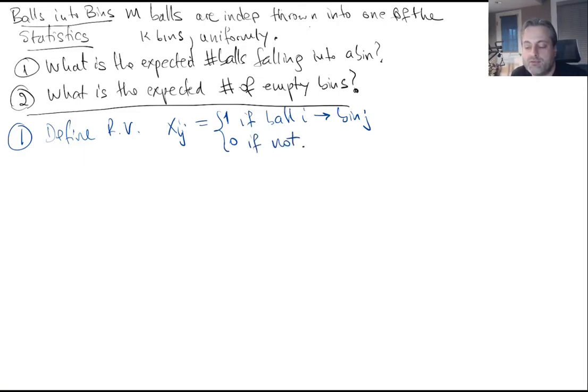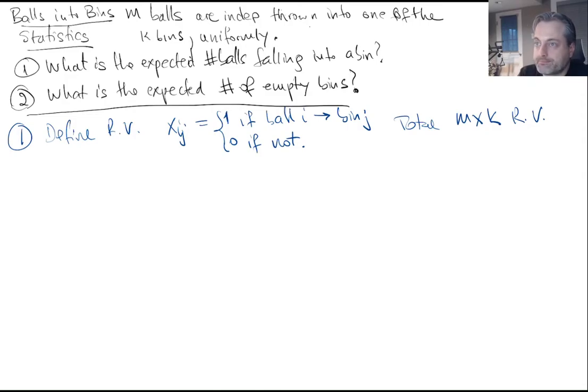So this is a random variable that depends on a ball and on a bin. So we have a total of m times k random variables, right? There's a random variable for every ball-bin pair.